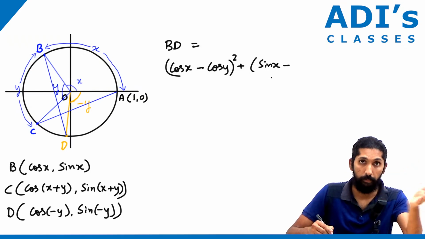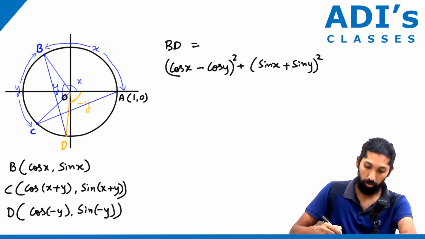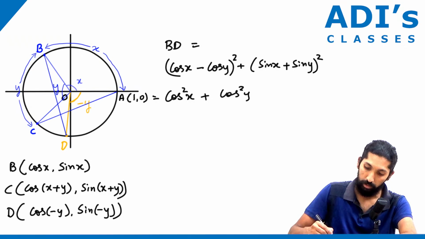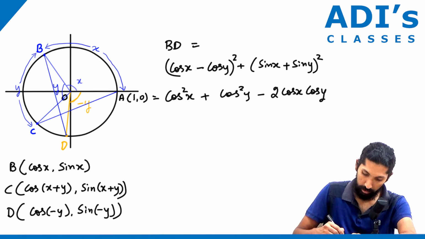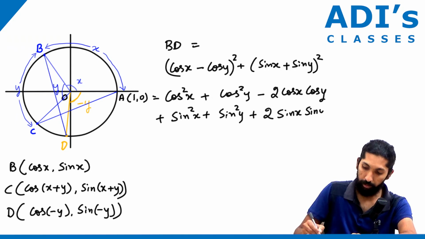Minus sin y, isn't it? So this is going to become plus sin y whole square. So you will get cos square x plus cos square y minus 2 cos x cos y plus sin square x plus sin square y plus 2 sin x sin y.